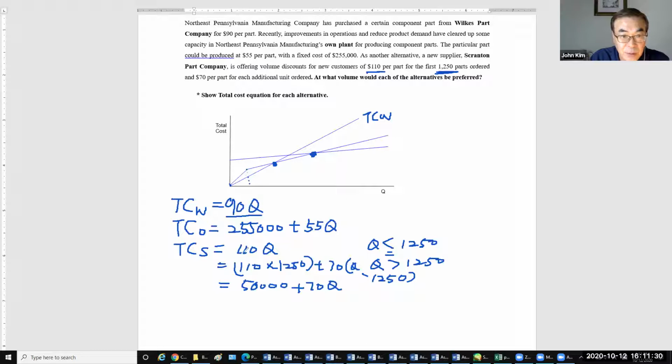So that is this one up to 1,250. Then after that, $70 per part. So this will be TCS. And then last one, start from 255,000 here, and then increase by 55. So this one is TCO.